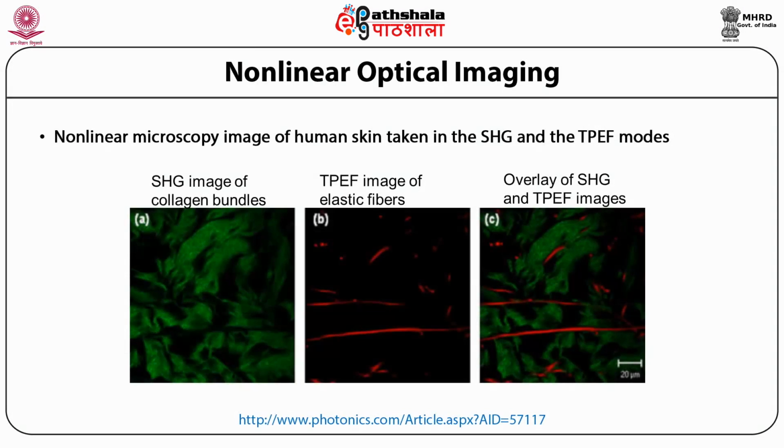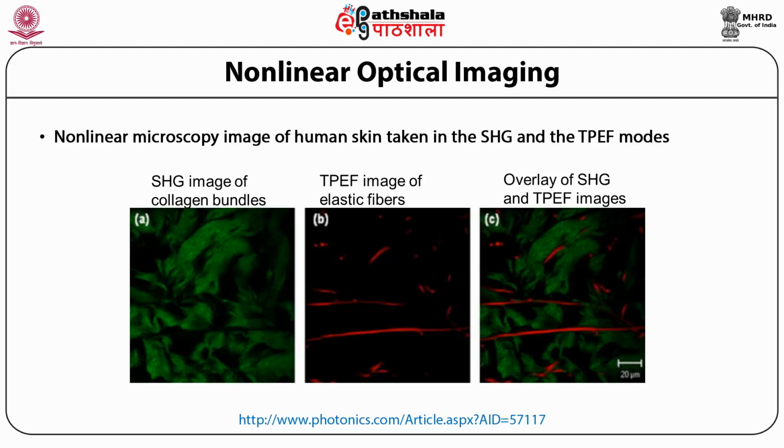As an example, here is nonlinear optical imaging of human skin taken in the second harmonic generation and the two photon excited fluorescence modes. In the second harmonic image, you just see the collagen bundles, whereas in the two photon excited fluorescence image, you see only the elastic fibers present in the skin.